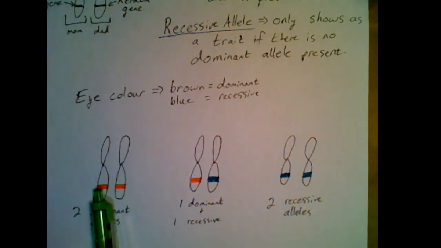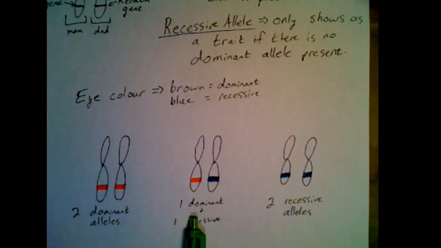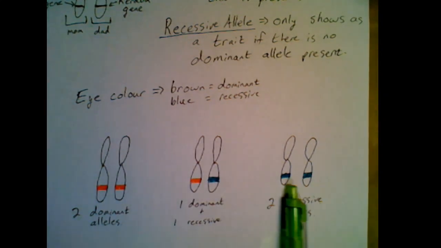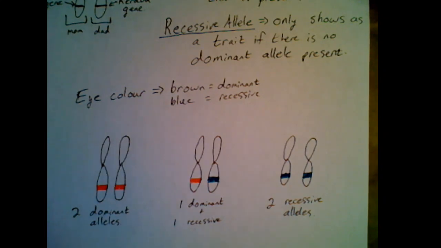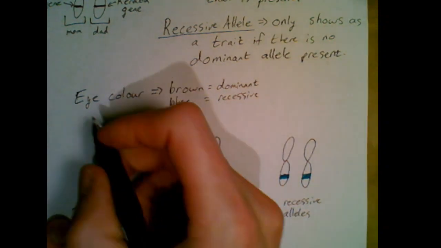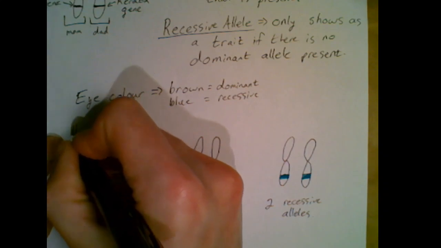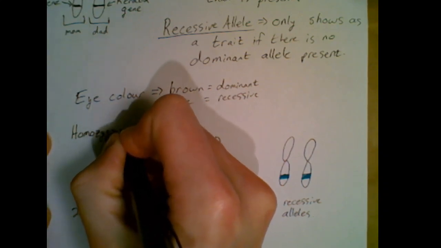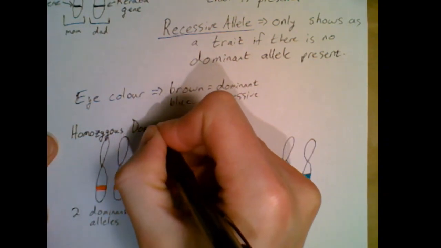Those are really the three situations that we have. You can either have situation 1, two dominants, situation 2, one and one, situation 3, two recessives. We actually give each of these their own name because of how prevalent they are. So the way that we name these, if you have two dominant alleles, we call that homozygous dominant.